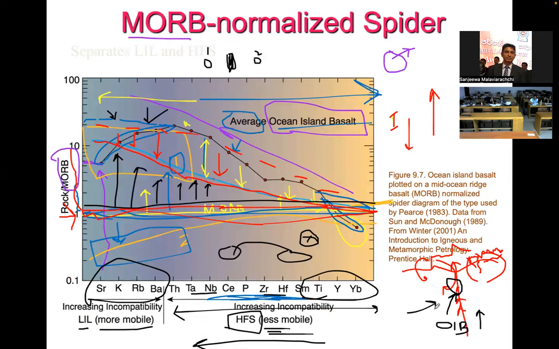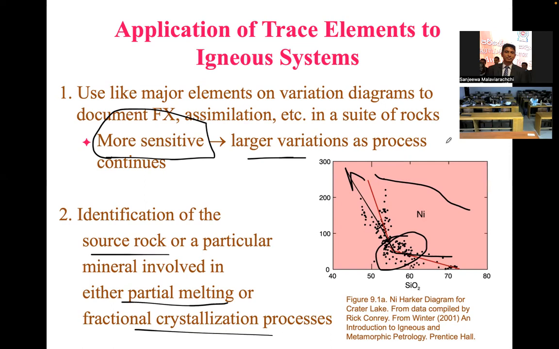Remember this interaction? Those are post melting processes, right? And also post crystallization processes, right? Those are later processes, right? To understand those also, you can use these trace elements, and we apply it in applied geochemistry.